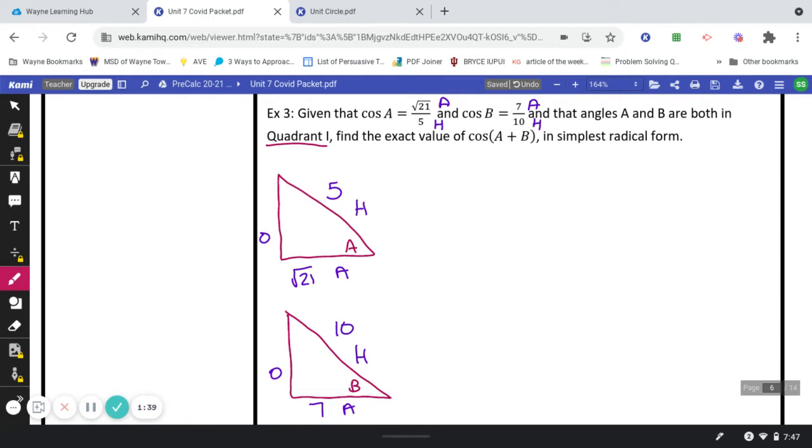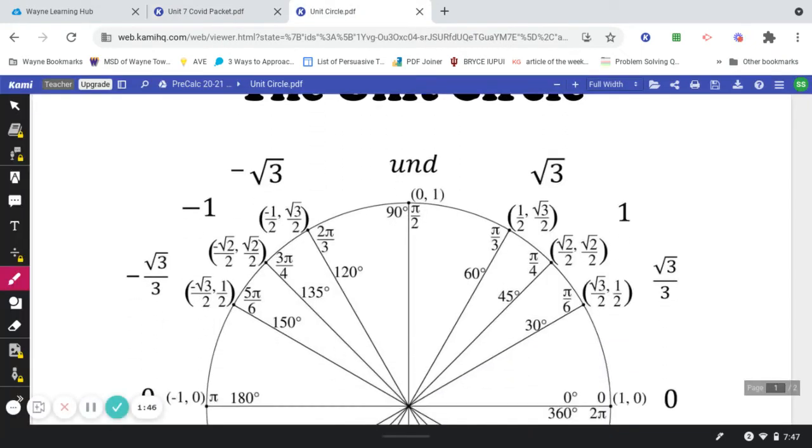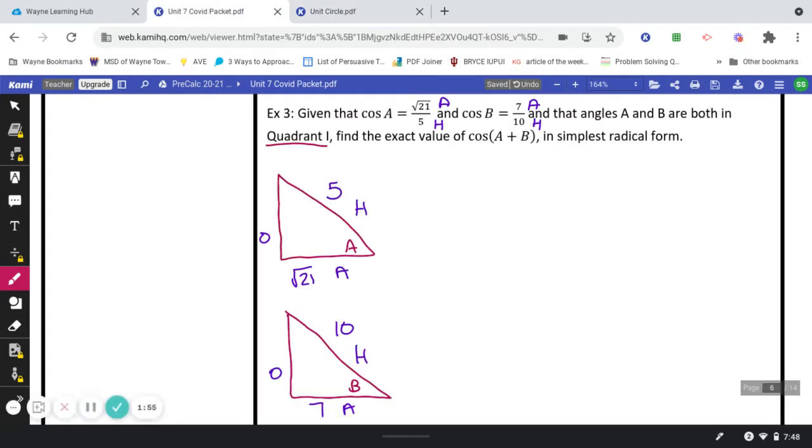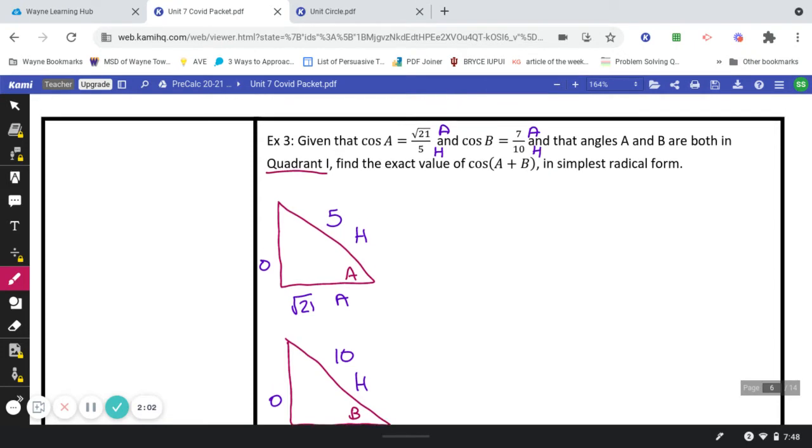All right, we talked in the earlier video on the front page about the Pythagorean triples on your unit circle. However, none of these triples have any square roots in them. So as I look at triangle A and see the square root of 21, I know I'm not going to be able to use that Pythagorean triples list. I'm going to have to come off to the side and just do the Pythagorean theorem. A squared plus square root of 21 squared equals 5 squared.